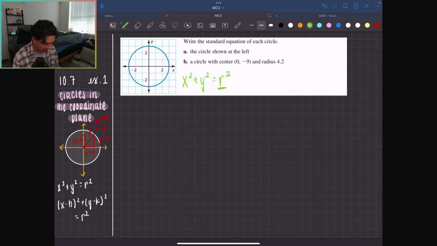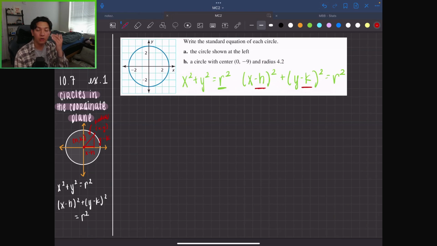Another way to derive this is by saying x minus h squared plus y minus k squared equals r squared. If you recall previously when we talked about parabolas or quadratic equations, h is our horizontal shift, and k is our vertical shift.